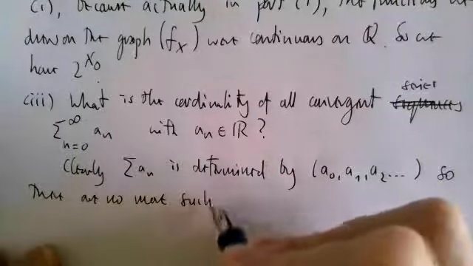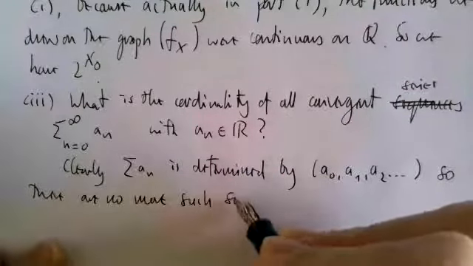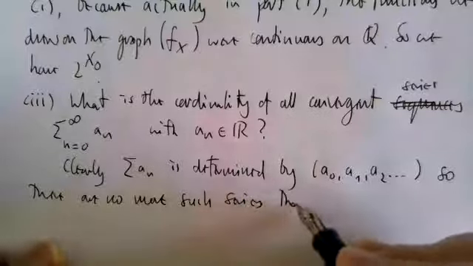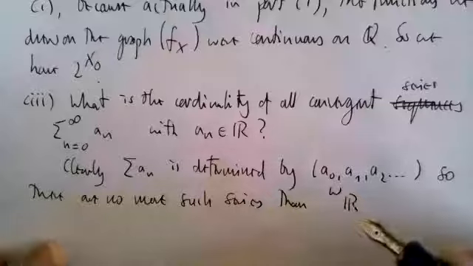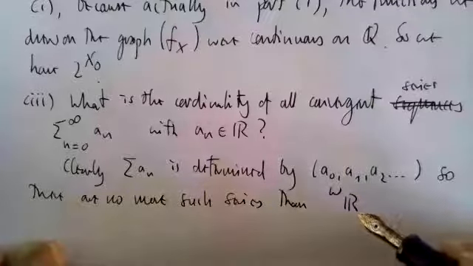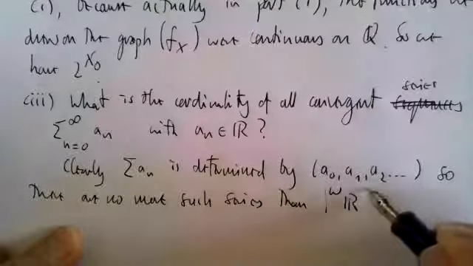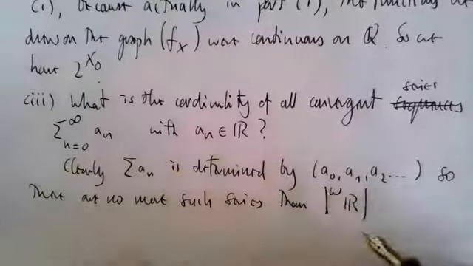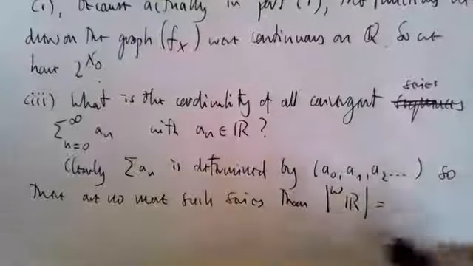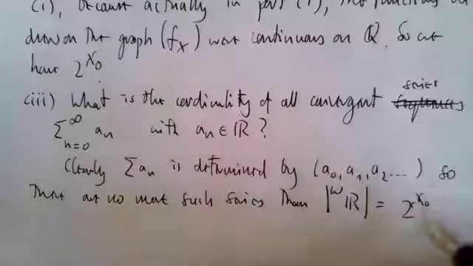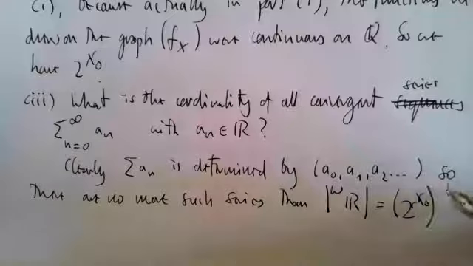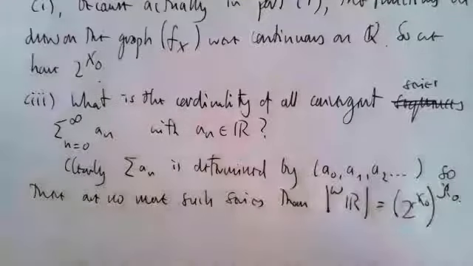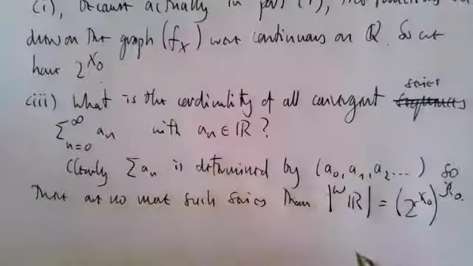So there are no more such series than there are functions from omega into reals, like this here. And again, this has cardinality 2 to the Aleph 0 to the power Aleph 0 here.